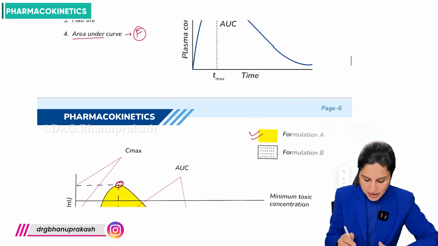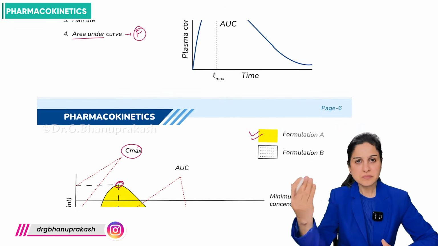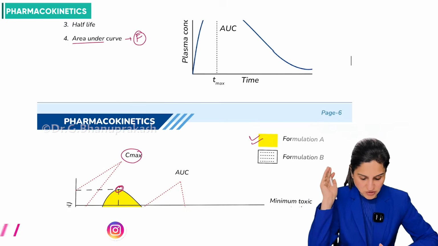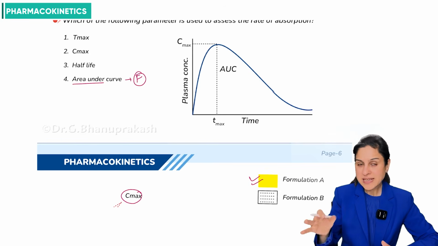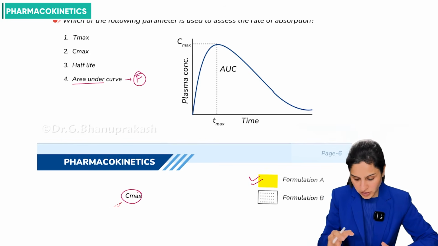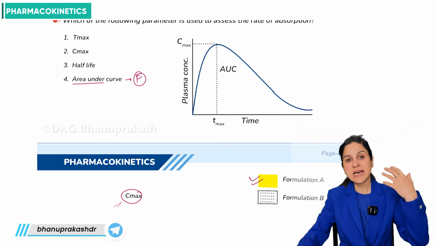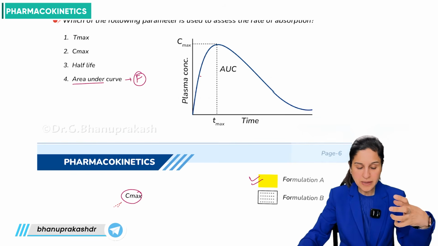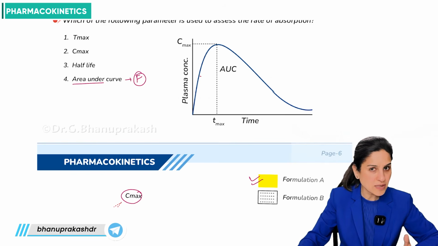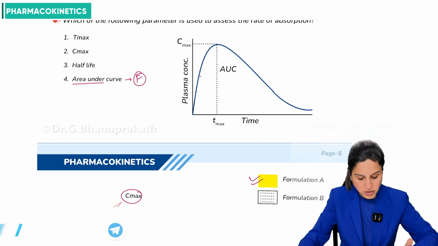Cmax just tells you about the maximum concentration achieved, right? Tmax tells you about the rate of absorption. Half-life is just telling you how much time has been taken by the drug to reduce to 50% of its initial plasma concentration.